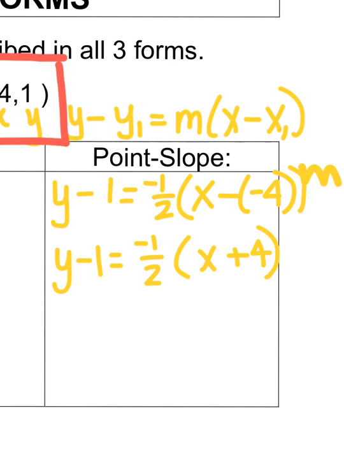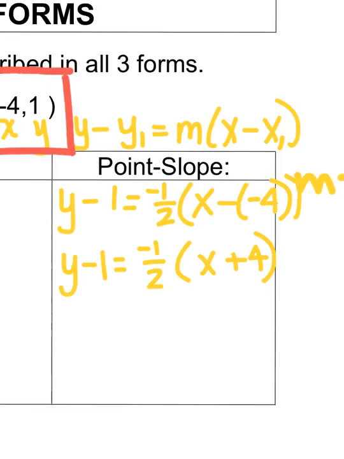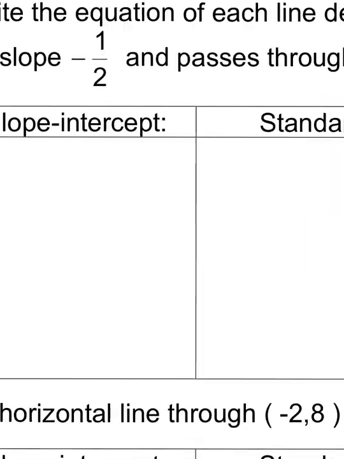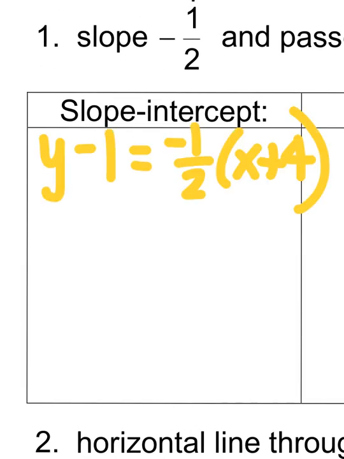Now try to hold on to yourself. If you want to distribute that -1/2, that will lead us somewhere else. So let's take this point-slope form and change it into slope-intercept form. Let's copy that again. So why did we copy it? Well, we want to get the slope-intercept form here, which is y equals mx plus b.